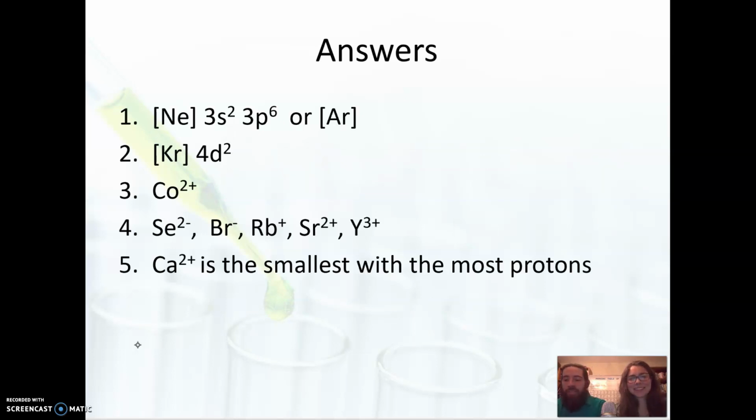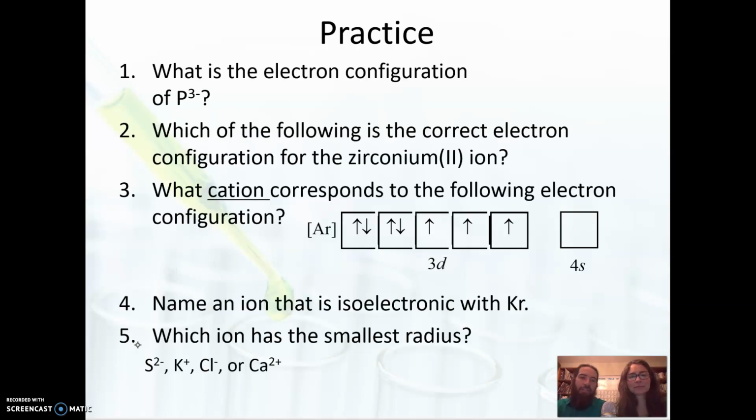Here are your answers. So I noticed for number 3, if we went back up and looked at this question, it says, what cation corresponds to the following electron configuration? Well, we have the answer as cobalt 2+, but could it have been nickel?